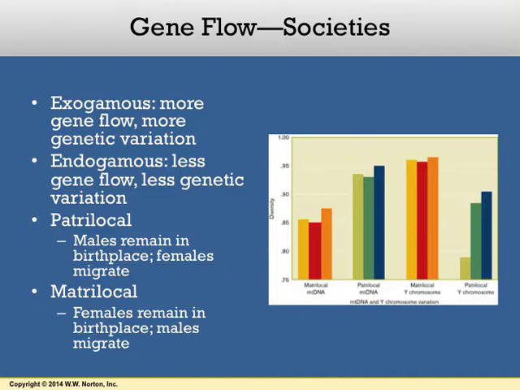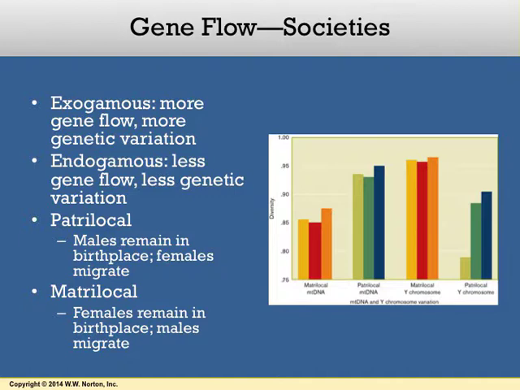Patrilocal societies are those in which males stay in their place of birth while females migrate out and new females migrate in. One might expect then that in patrilocal societies, the male genetic diversity, as measured by the Y chromosome, would be low, and female genetic diversity, as measured by the mitochondrial DNA, would be high. Those predictions are borne out in a study of 3 patrilocal societies in Thailand.